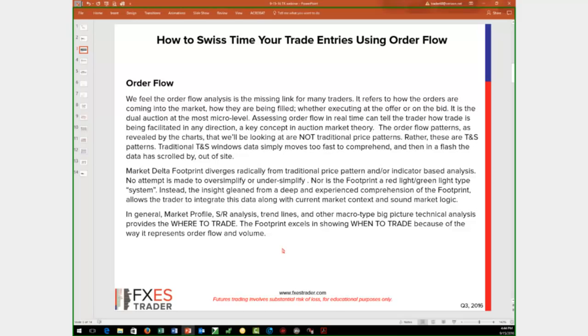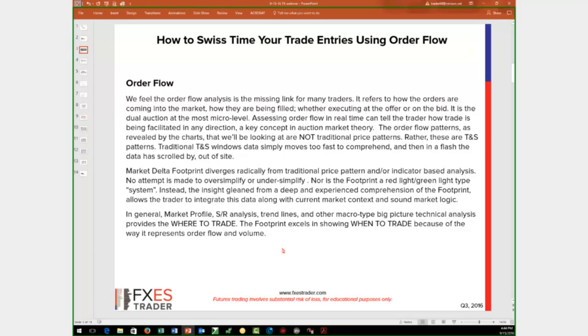But my final decision as to whether to execute a long or a short trade is based solely on the footprint. Obviously, there are a lot of other things as far as confluence that come together, like high and low volume nodes on both a time and volume based profile, but at the very micro level, what makes me take an execution one way or the other is the order flow.